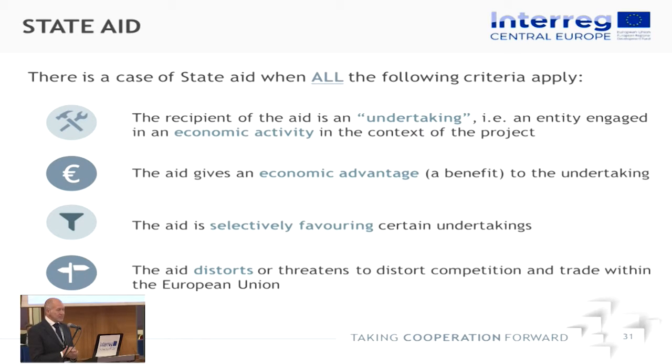Then there is state aid if, as a condition, this aid is selective for certain undertakings. So, for example, if I have an activity in the project which is addressing SMEs and only SMEs, this is selective because the large enterprises are not involved. So there is already selectivity there.